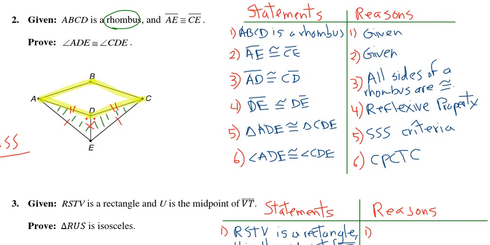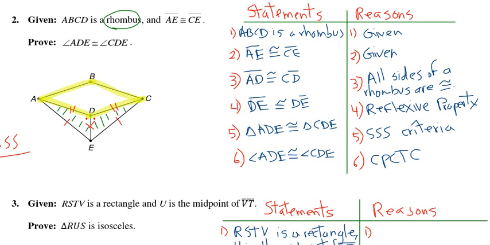That is because those two are sides of a rhombus, and all sides of a rhombus are congruent. Or since these are consecutive sides of a rhombus, you could say consecutive sides of a rhombus are congruent. But this is good enough. And then we have DE congruent to DE, that is by the reflexive property.